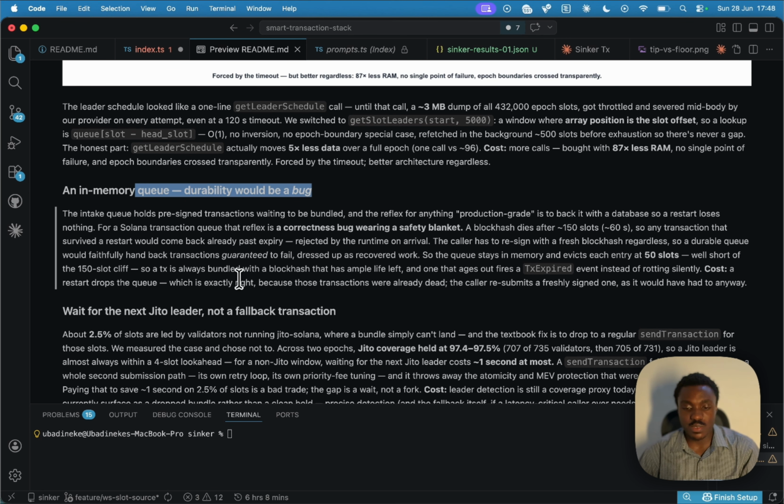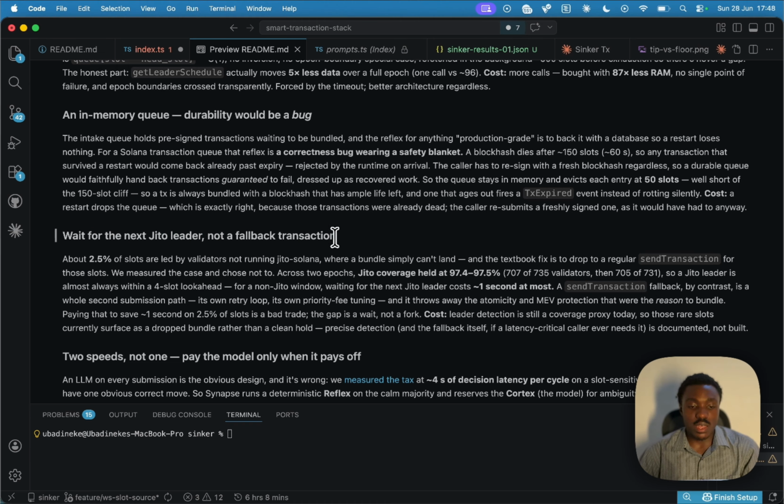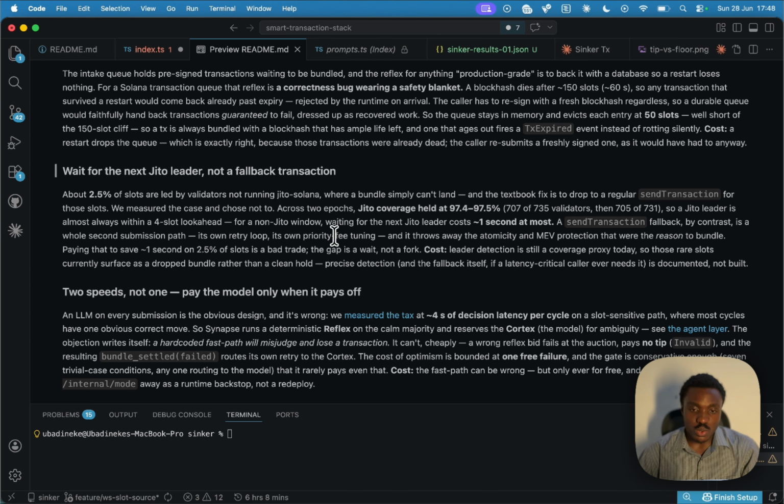Then we wait for the next G2 leader instead of using a fallback transaction. All validators don't run G2. So what about the blocks produced by non-G2 validators? G2 can only send bundles on validators or validator leaders that run the G2 infrastructure, that's the G2 validator software. So how do we handle blocks that are not G2 driven? We did our research.